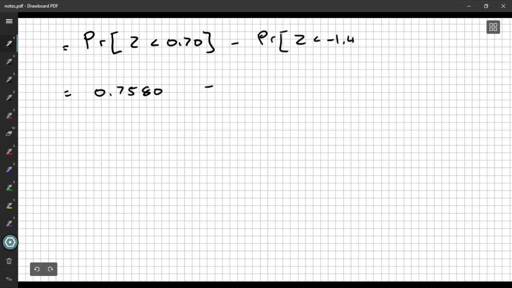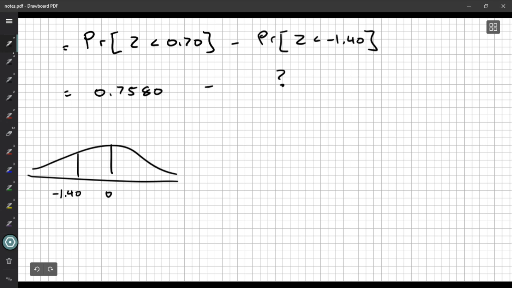And then we have to subtract off, and we're going to have to do a little bit more work here, the probability that z is less than negative 1.40. So we'll come back to this. Okay, we'll put it back in, but we got to calculate it now. So what are we dealing with? Well, we're dealing with a negative z-score, and the area is shaded to the left. Every time I see a negative z-score, my instinct is always flip it over the y-axis.